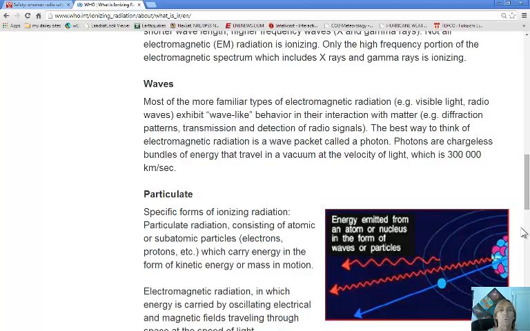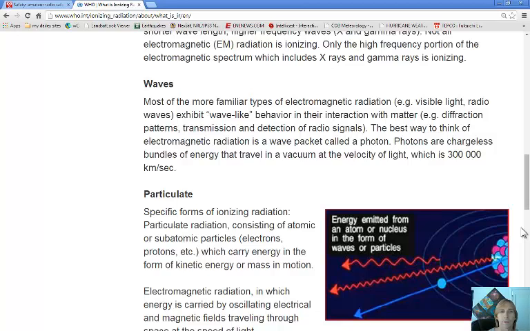Waves. Most of the more familiar types of electromagnetic radiation, e.g. visible light, radio waves, exhibit wave-like behavior in their interaction with matter, e.g. diffraction patterns, transmission, and detection of radio signals.